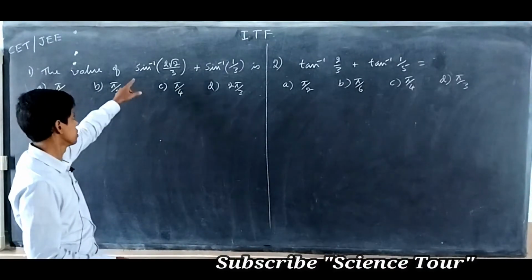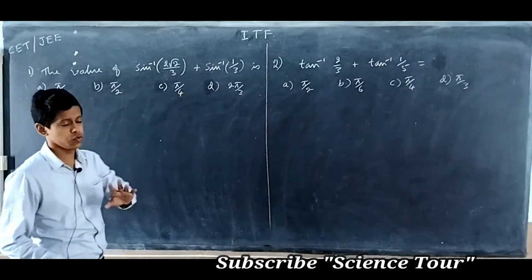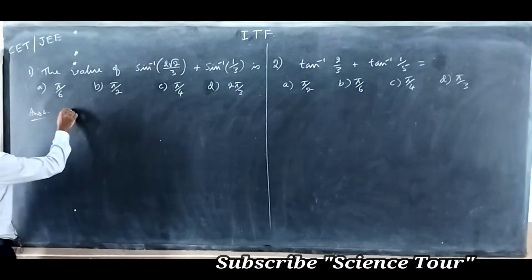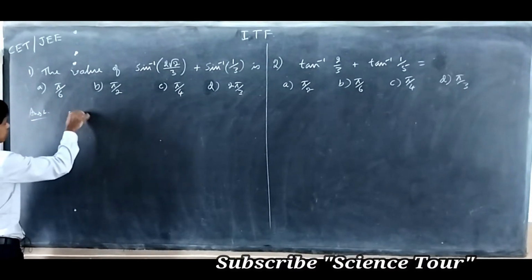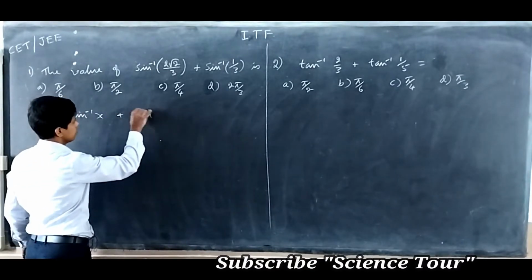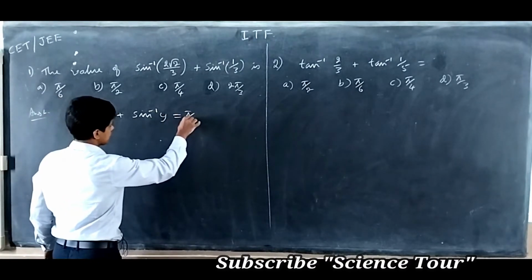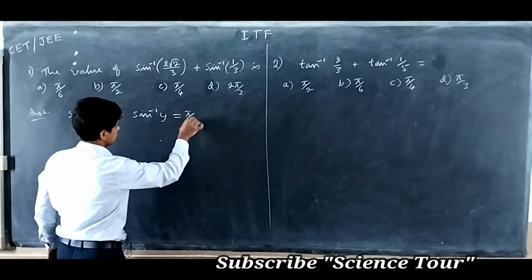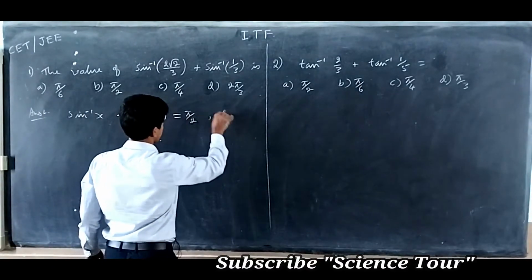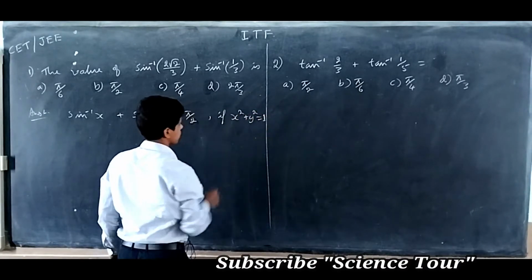Alright, the first formula is sin inverse x plus sin inverse y. So the formula is: sin inverse x plus sin inverse y is equal to 90 degree, if x square plus y square is equal to 1.